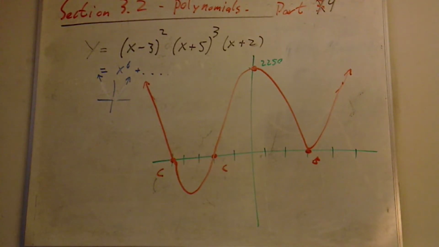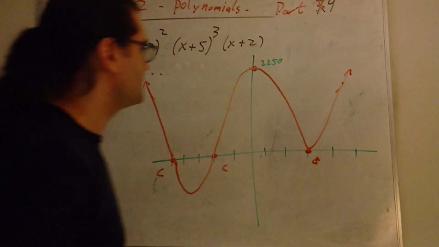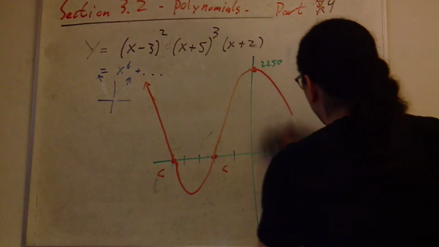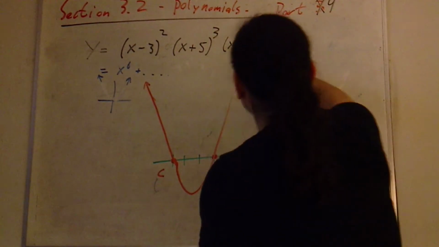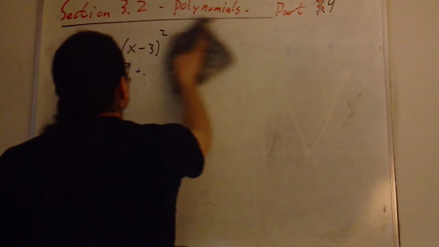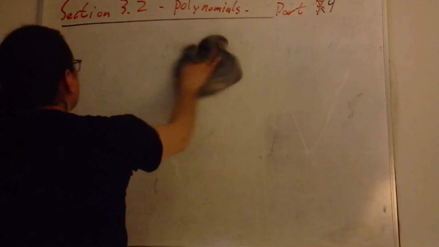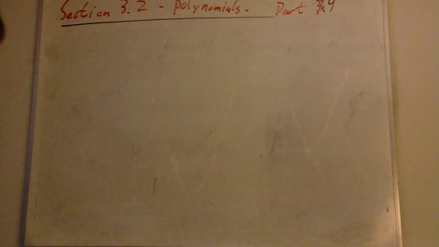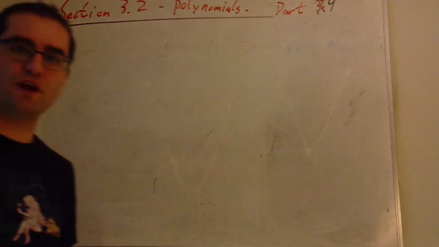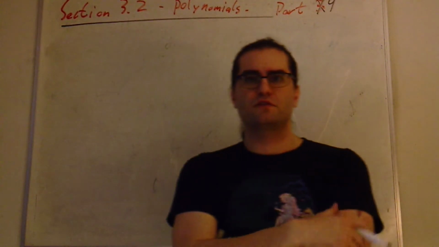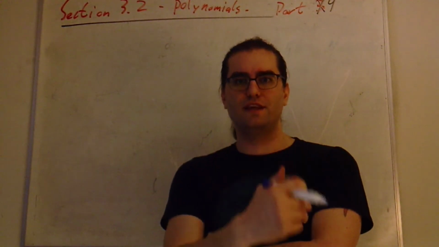There's one more thing that I need to tell you about polynomials before I unleash you on the homework. And that is, we need to talk about the full spectrum of possible end behaviors. So at this point, I feel like we're pretty comfortable with the idea that end behavior comes exclusively from the leading term.